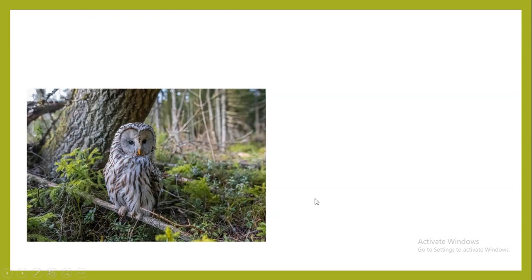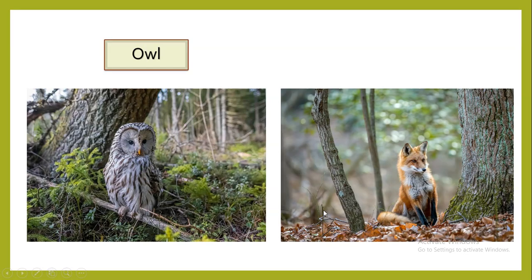Now, let's take a look at animals that live in woodland habitat. Look at this picture. This is an owl. So we're going to talk about woodland animals. This is a fox.